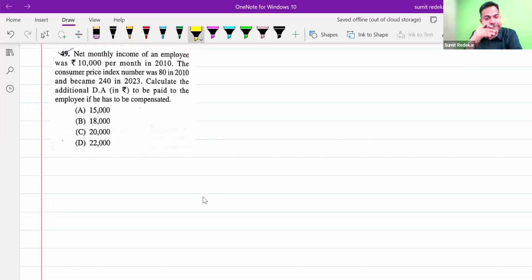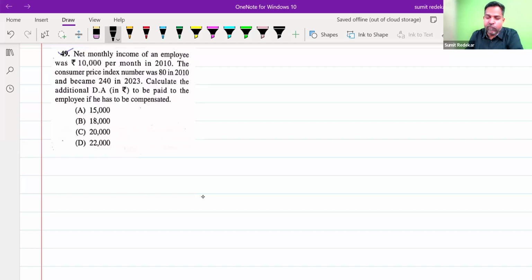Another index number question. They had asked this in the last attempt also. The net monthly income of an employee was 10,000 per month in 2010, where the consumer index was 80 in 2010 and became 240 in 2023. Calculate the additional dearness allowance. Well, I had given you the relationship.